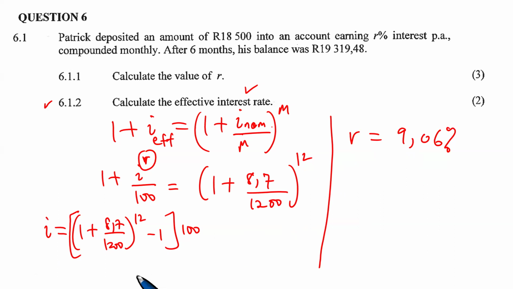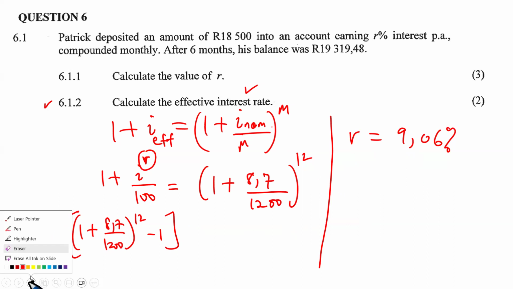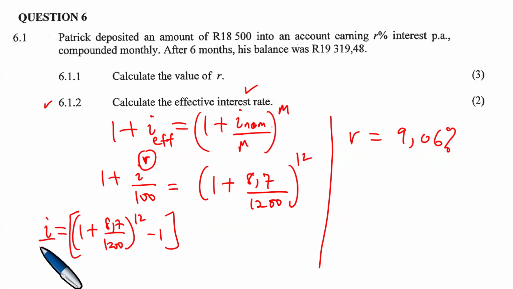Even at this point, if need be, you can write this one as i over 100, and you just subtract the 1 there. If you subtract the 1, you can leave it like that.